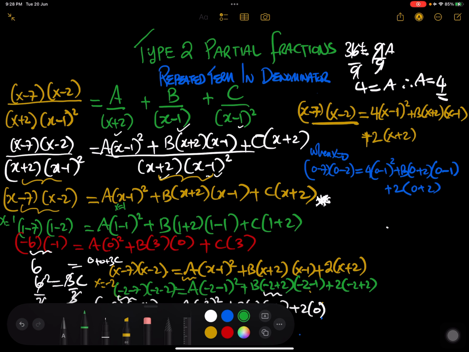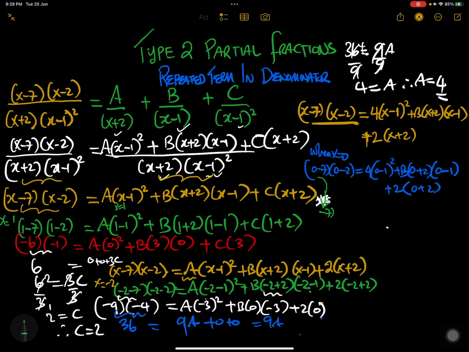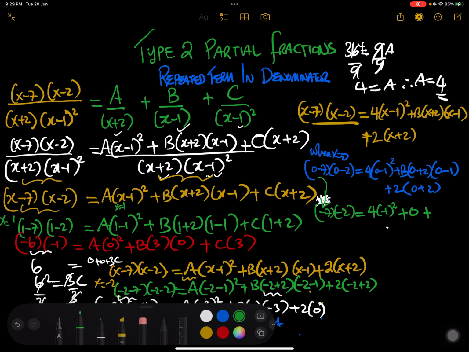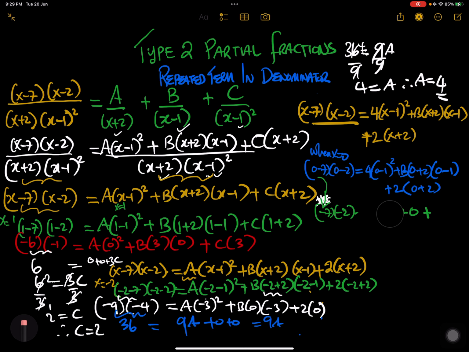Now, this one here gives us (−7)(−2) is equal to 4(−1)² plus b into 2 into negative 1 plus 2 into 0 plus 2.